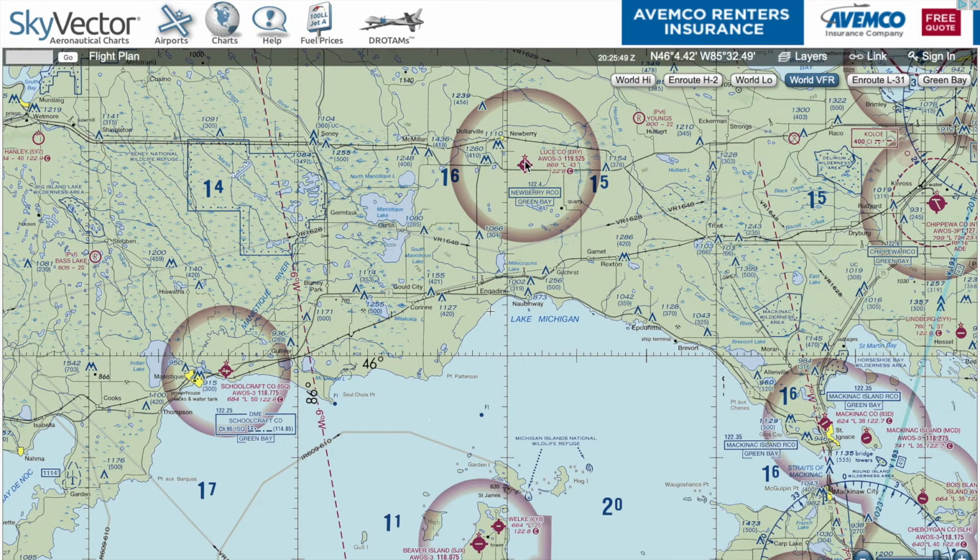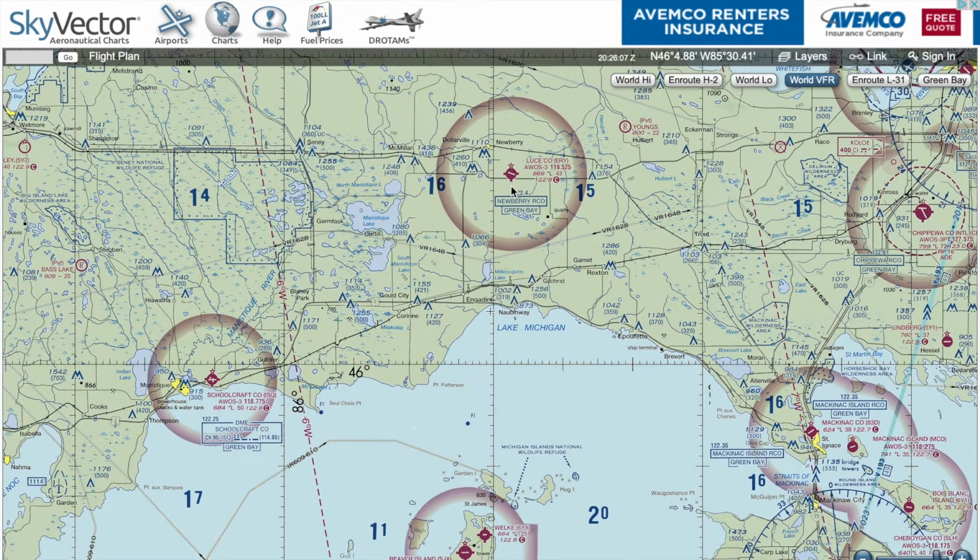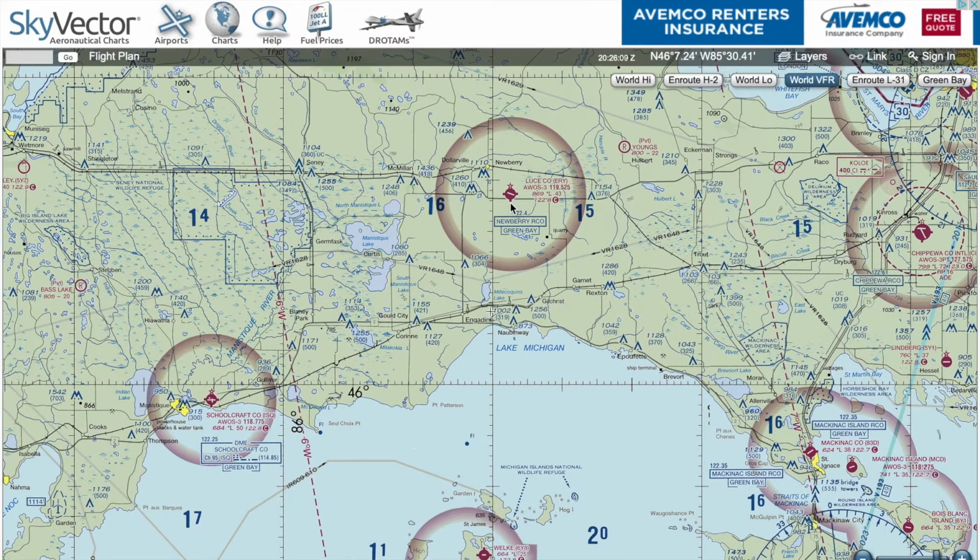So looking at this airport, if we were flying in this area, the one thing to note is this is a magenta airport. That means it does not have a control tower. It is in Class G airspace, which is uncontrolled airspace. The regulations say that we can fly in Class G airspace, uncontrolled airspace. That's what this is.